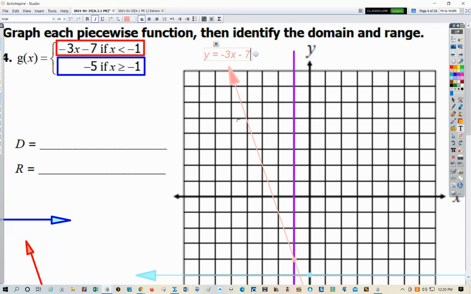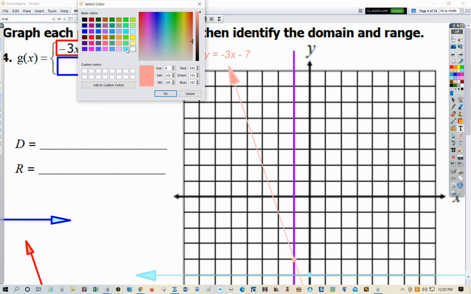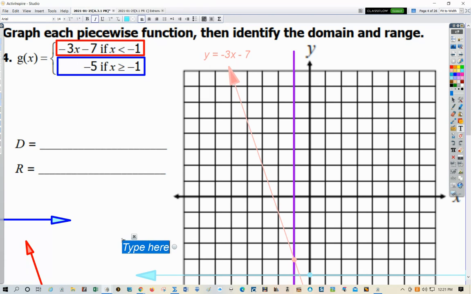Okay, we graphed that function over here. Down here, we graphed the line y equals -5.